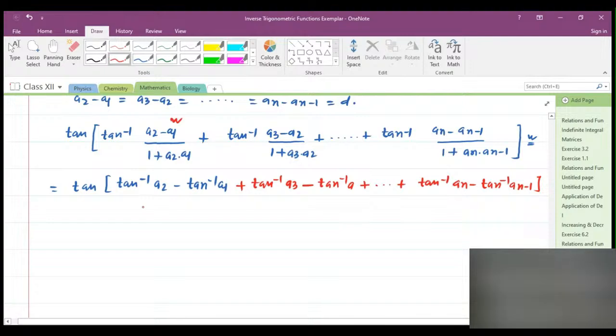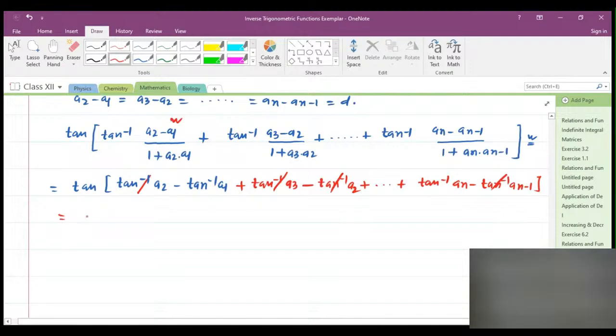After the terms cancel out, we get this one, and so on we cancel out and we get only this term.